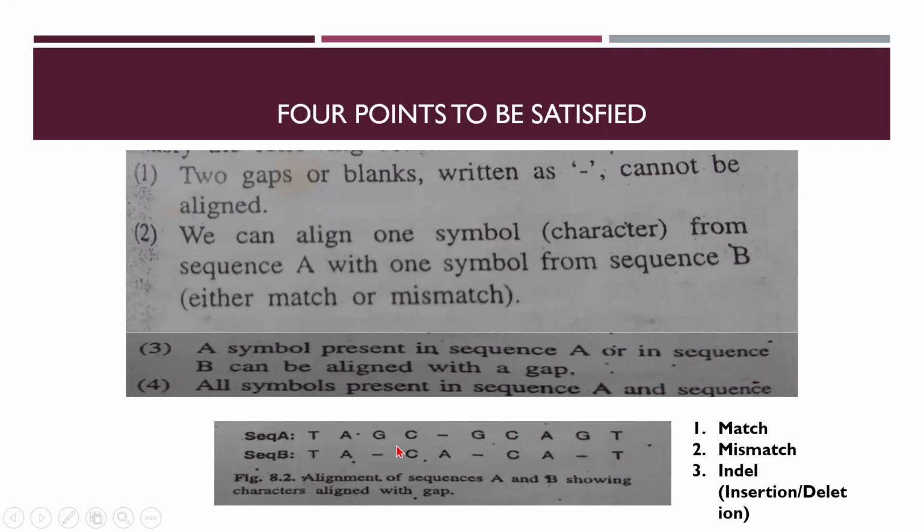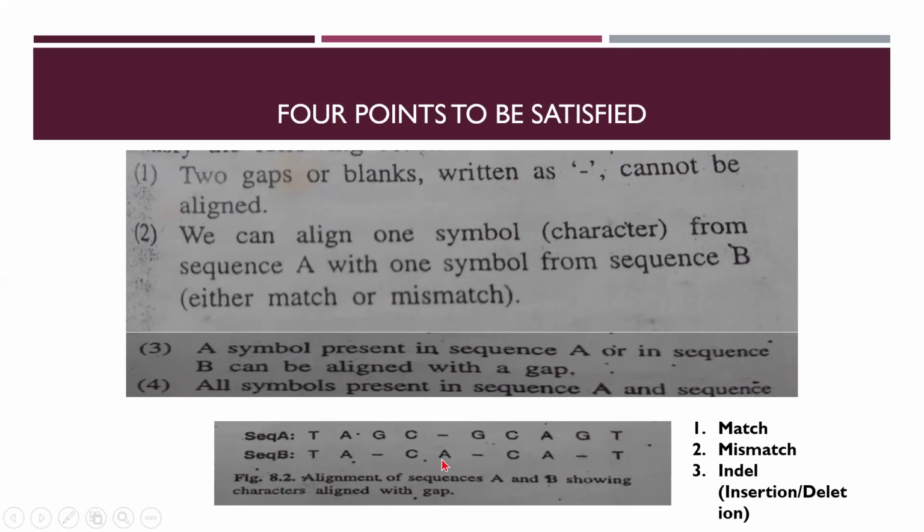But one slight deviation could be that the position can be changed. What do I mean by position? If this blank is not introduced here, G could have been here. That means G's position could have been the fifth position. But here, because of the introduction of this blank, the position of G has shifted to 6.